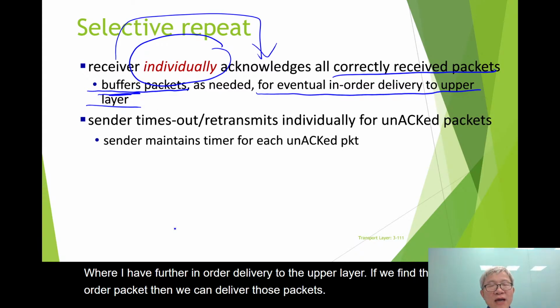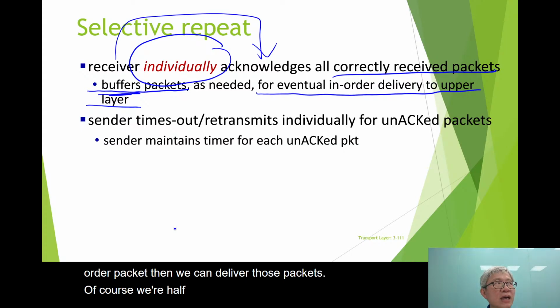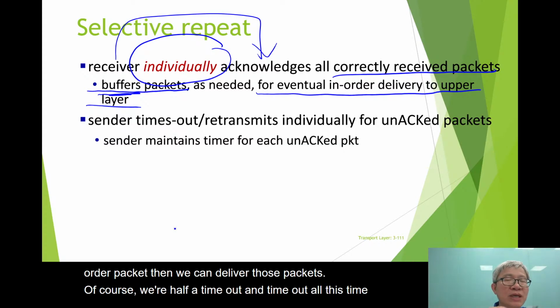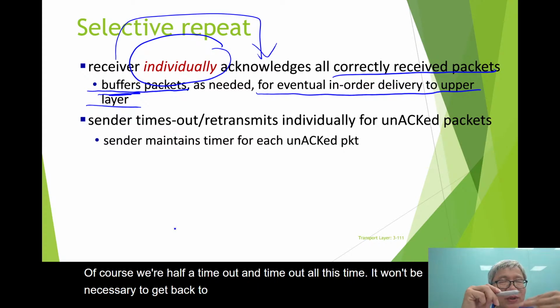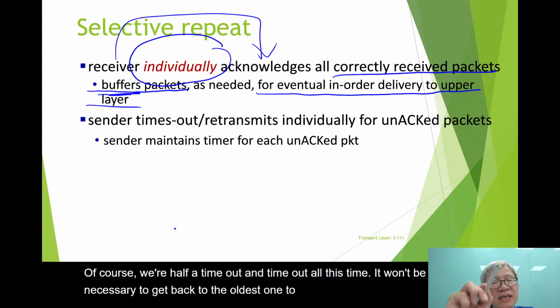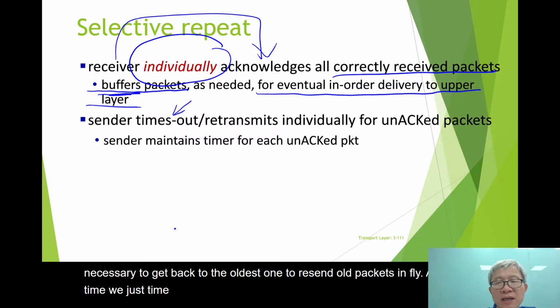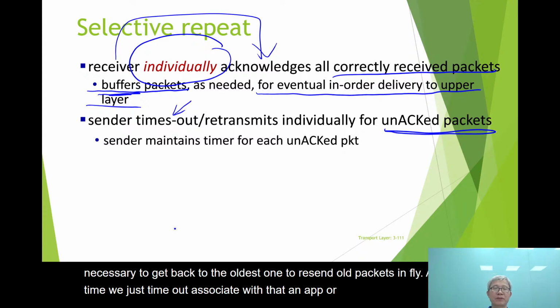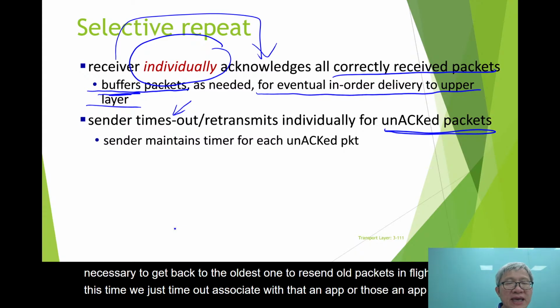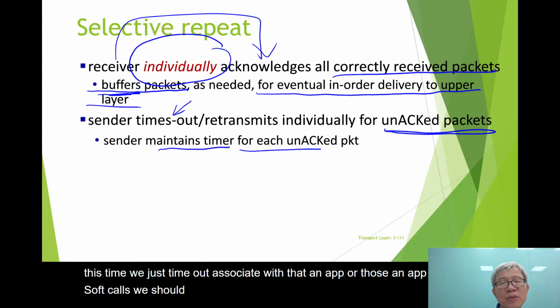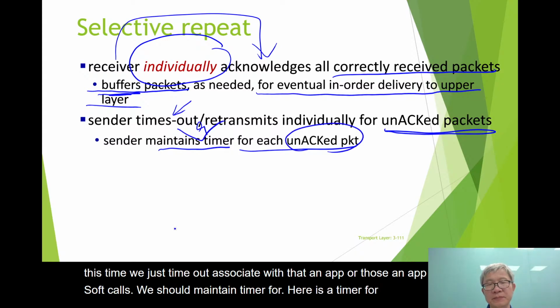And of course, we will have a timeout, and this time it won't be necessary to go back to the oldest one to resend all packets in flight. This time we just time out the un-ACKed packets. So we should maintain a timer for each un-ACKed packet.